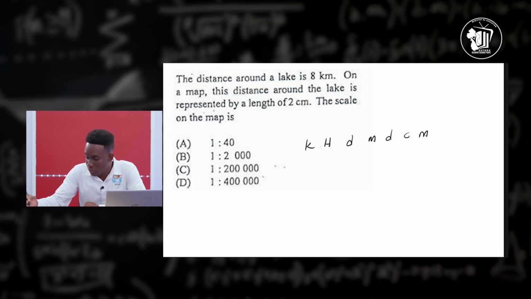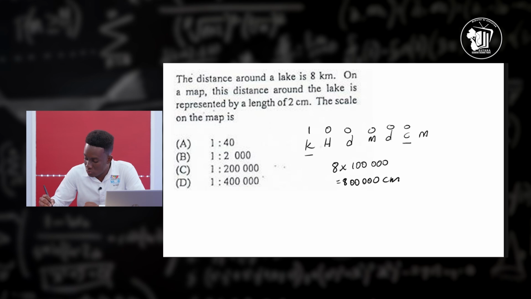We want to convert from km to cm, so we put a 1 over the km and we put 0s until we reach cm. So it will be 8 multiplied by 100,000, which gives me 800,000 cm. So the scale is 2 to 800,000.